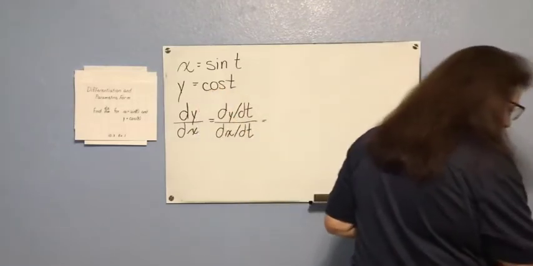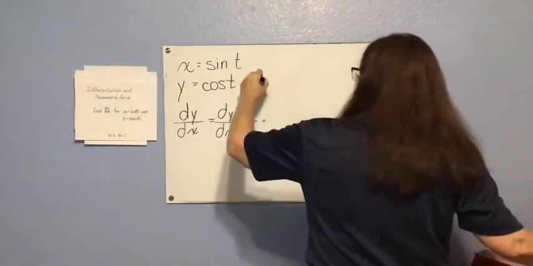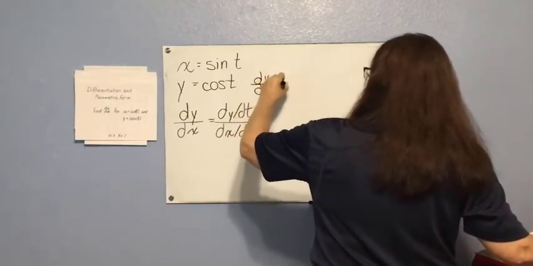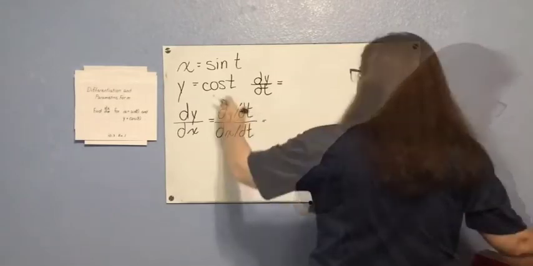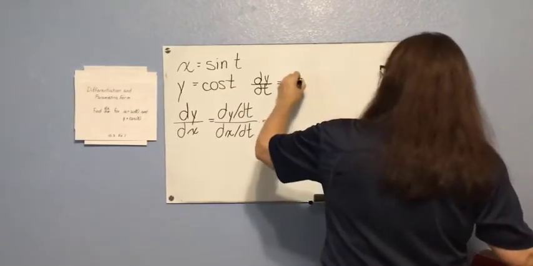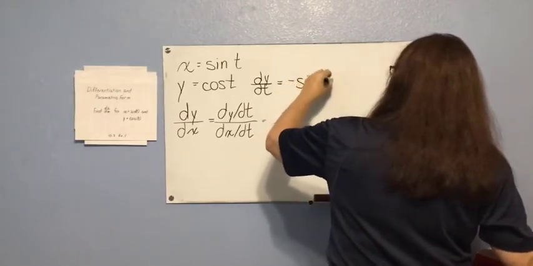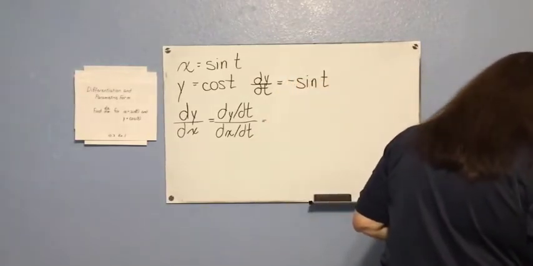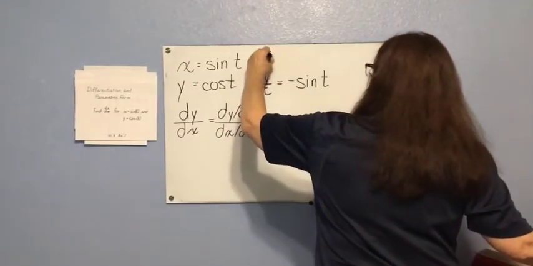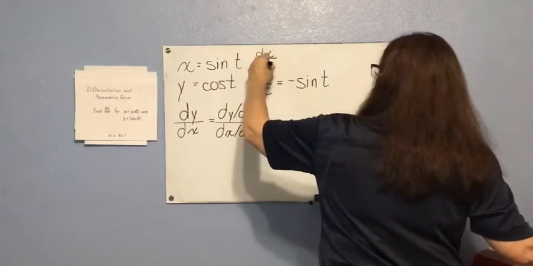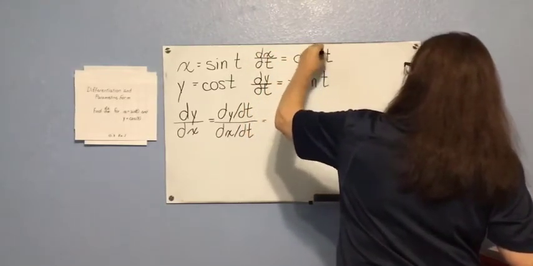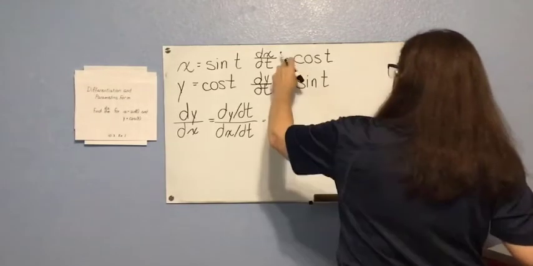For y, we've got dy dt is equal to, the derivative of cosine is negative sine of t. And then for dx dt, the derivative would be cosine t. So I'm going to put these two here.